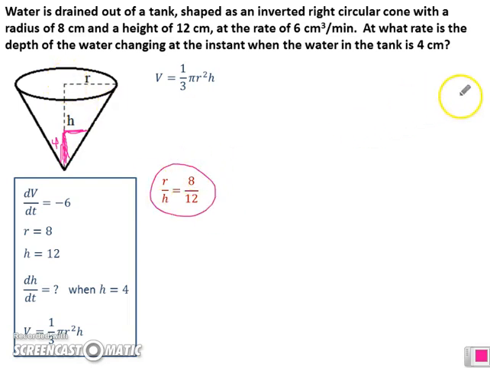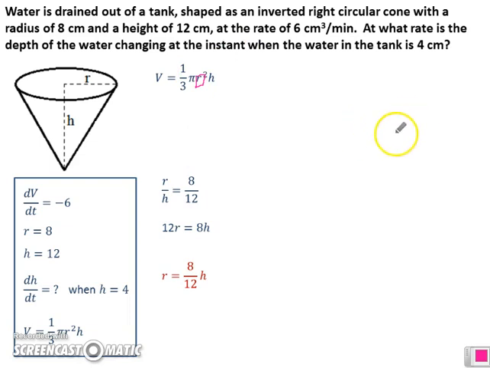So you can set up a ratio, r over h, put the 8 and the 12 across, cross multiply, and we're trying to get rid of the r in this problem. So let's solve for the r. Take that and plug it in for the r. We're going to get rid of the r and make it an expression that's equivalent using similar triangles. So r simplifies to 3/4 h.